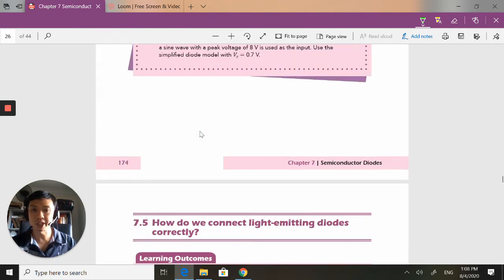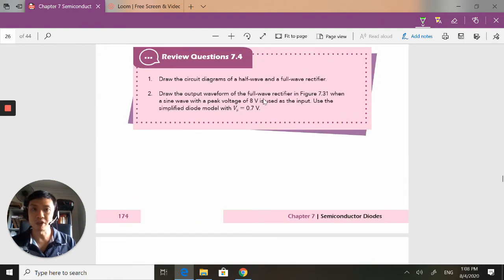So I'm going to show you the answer for this one. Draw the output waveform of a full wave rectifier when a sine wave of peak voltage 8 volts is used as the input. Use a simplified diode model. Unfortunately I don't have a ruler to use. So let's draw the input signal.